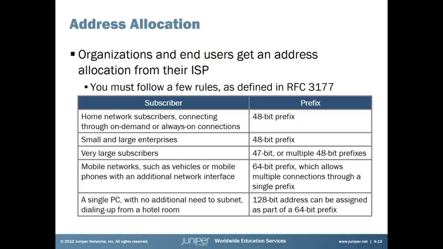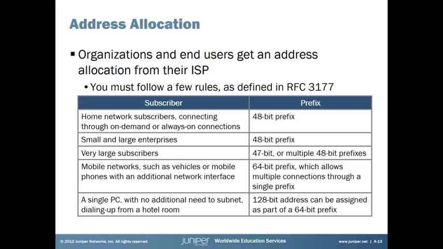Small and large enterprises, same deal. You'll get a 48-bit. Very large subscribers actually get a 47-bit. So basically it's multiple 48-bit prefixes that you end up with. Mobile networks will get a 64-bit prefix, which allows multiple connections through a single prefix. And a single PC with no additional need to subnet will actually get the whole 128.